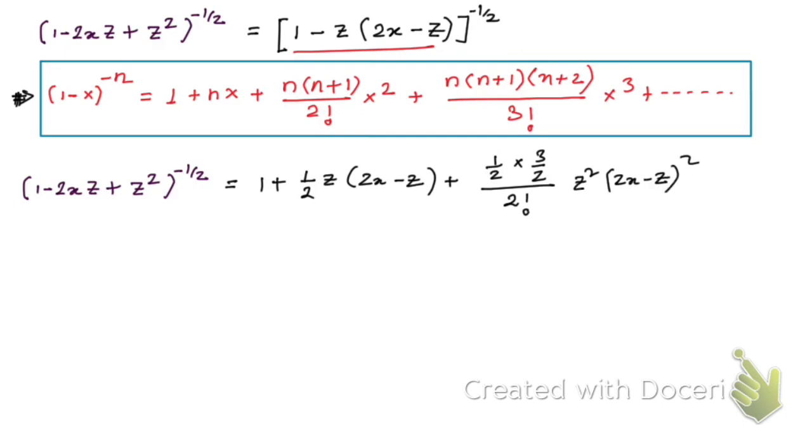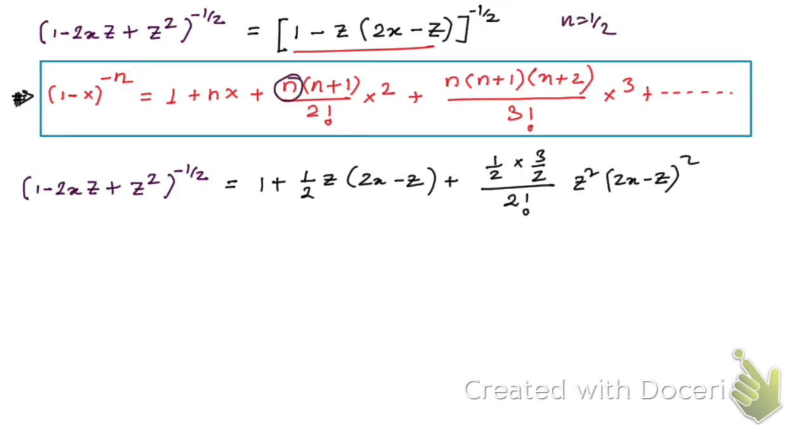So here you see, we have just put n is equal to half to get this, and instead of x we have put this part to get this, right? Hope you have understood this. Then here you see, this minus n can be compared with minus half, so we can say n is equal to half.